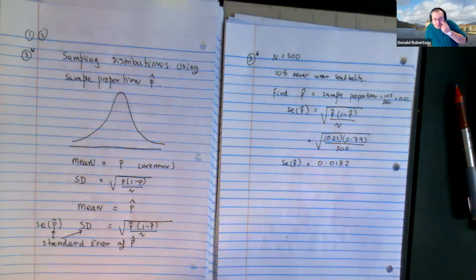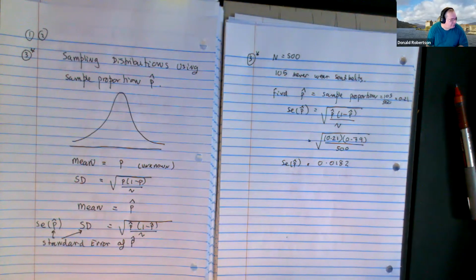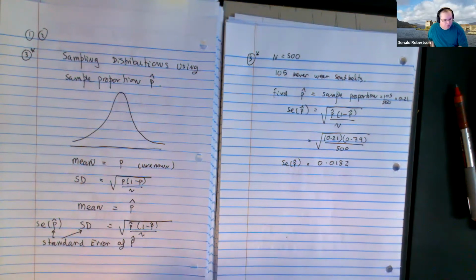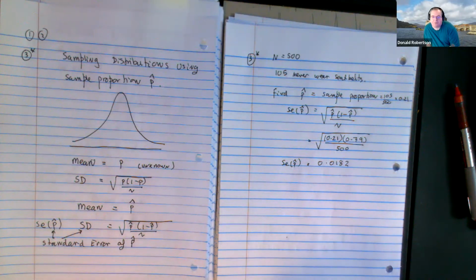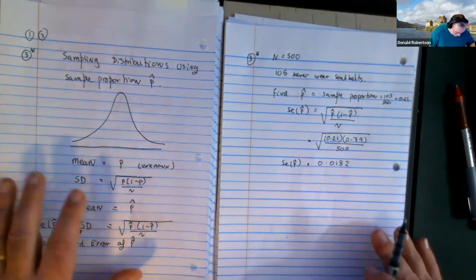For all intents and purposes, isn't that the exact same as questions 1 and 2? Aren't you just using a p hat where you used to use a p? So that one, because they're so similar, tends to confuse people a little bit, because they say, well, am I getting a standard deviation or am I getting a standard error? Am I getting a mean of the sampling distribution or am I getting a p hat? Well, the answer is, it depends.